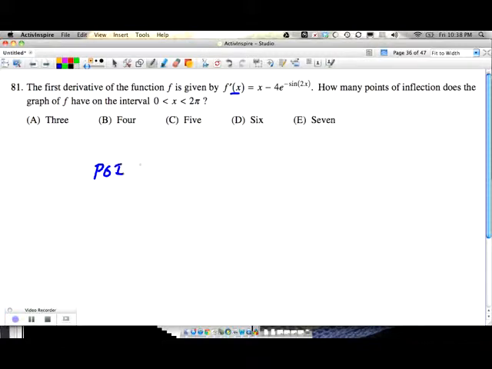A point of inflection is when f double prime of x changes sign. And f double prime of x is actually the derivative of f prime of x, the slope of f prime of x. So we're looking for when that changes sign.